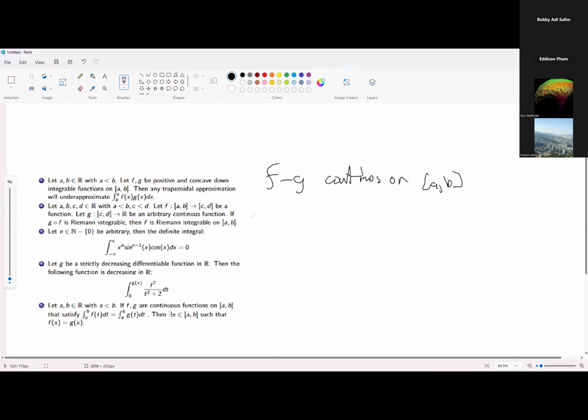So now what you can do is use MVT to say there exists a c such that this holds. Yes, exactly. And I believe it's the integral from a to b of f(x) minus g(x) dx, just like that.